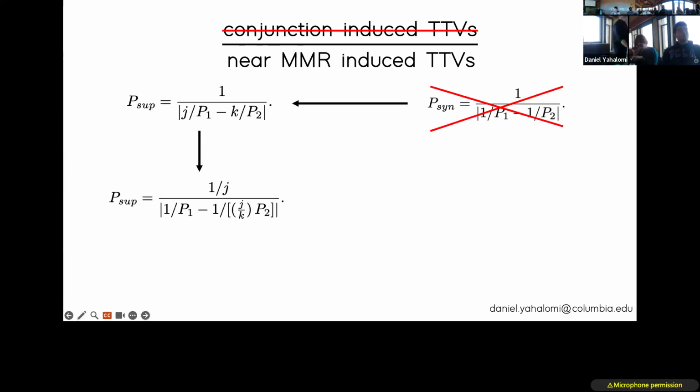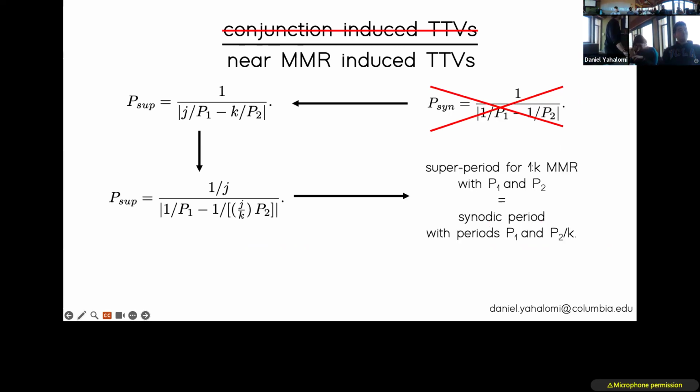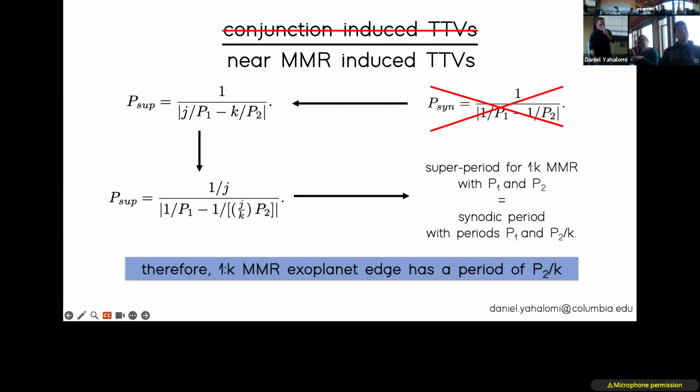What you'll see there is if we allow J to equal 1, so for a super period with a 1 to K mean motion resonance for periods P1 and P2, this equals a synodic period, like this original conjunction TTV period, with a perturber at a period P2 over K. So basically, this equation equals this equation if you allow J to go to 1, with a period P2 equal to P2 over K for the original conjunction effect. And so a 1 to K mean motion resonant exoplanet edge has a period of P2 over K.